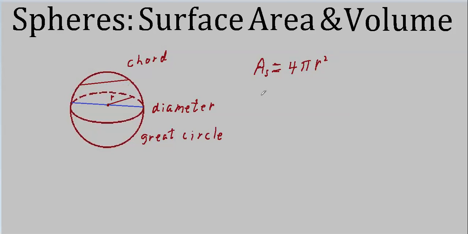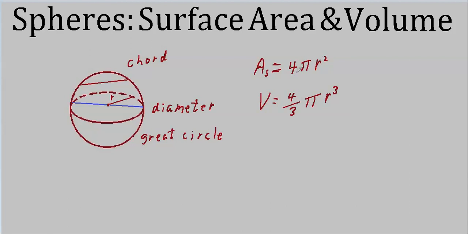For the volume, it's a little bit different, but not too bad. It's 4/3 pi r cubed. If you can remember this one, one way you can always remember to get the surface is, if this works for you, it might be easier to just remember the formula.